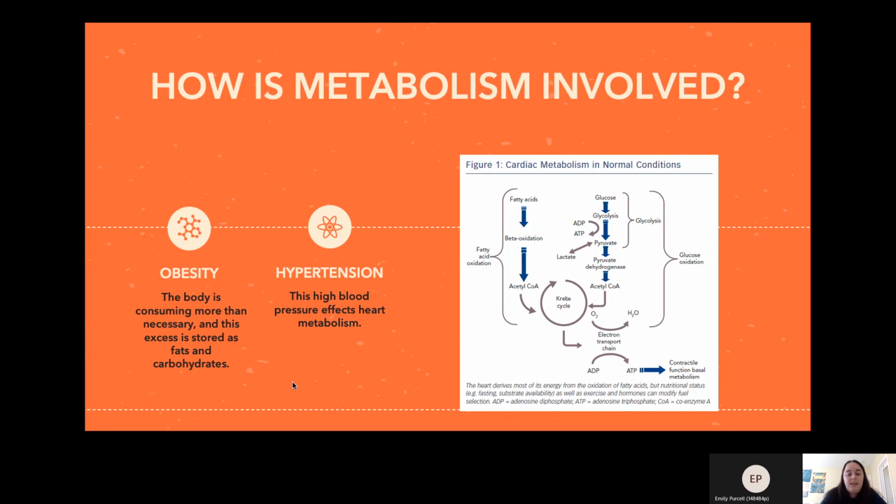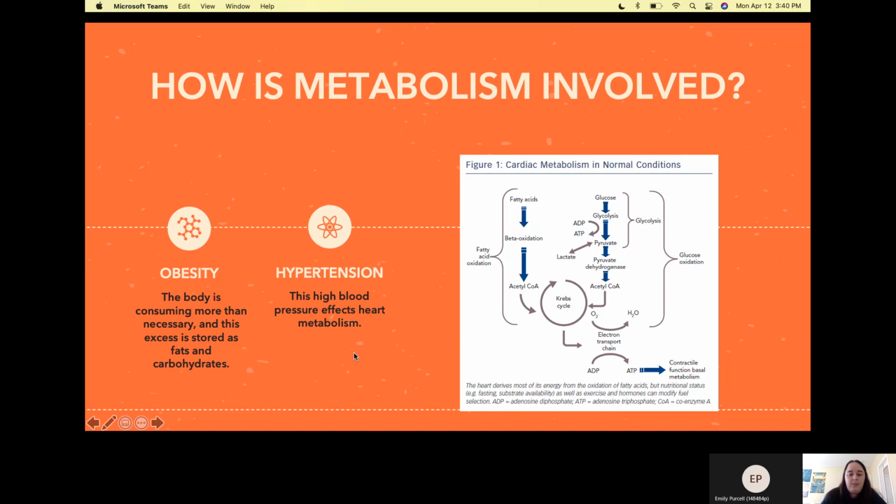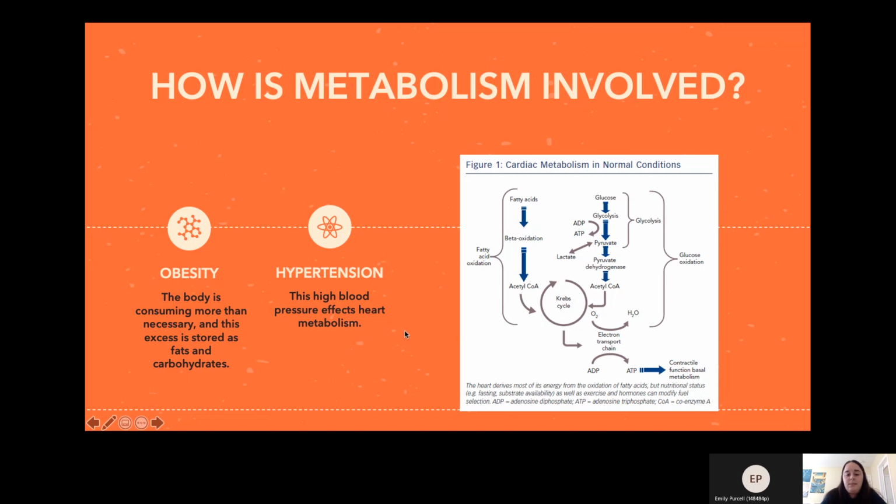With hypertension, having high blood pressure affects heart metabolism. On the right here, I have a simplified picture of cardiac metabolism in normal conditions. So in your heart, long-chain fatty acids and glucose are broken down to produce ATP, and this helps contractile functions in your heart pump blood.